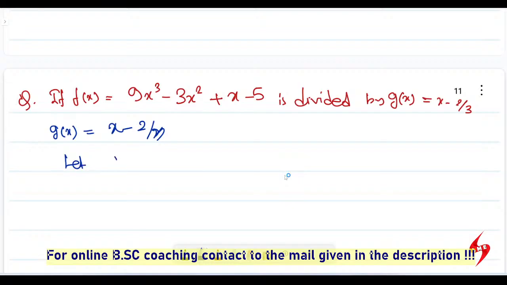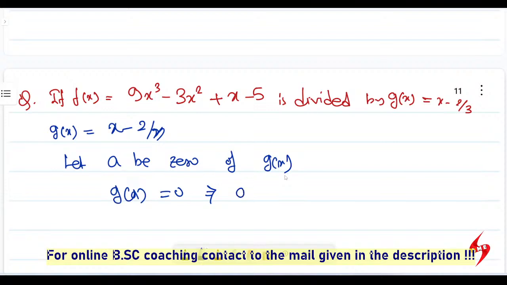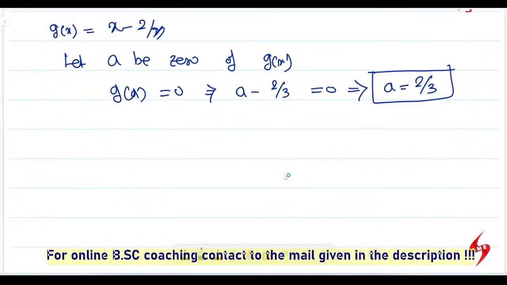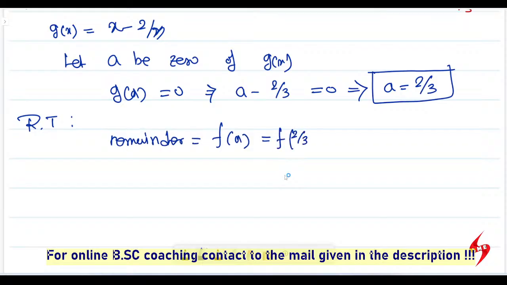Let a be 0 of g of x, then definitely g of a should be 0, and we can get the value of a here as well. A should be 2 by 3. So according to the remainder theorem, the remainder will be f of a, that is f of 2 by 3.